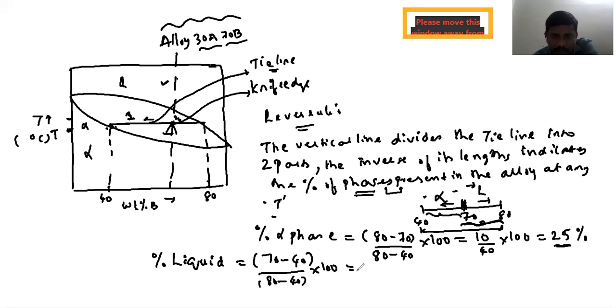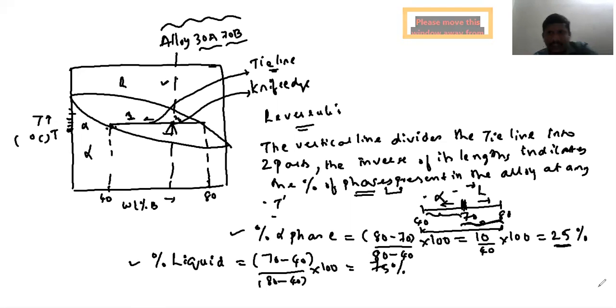It comes around 75 percent. So with the help of the lever rule, in this way, we find the percentage of phases at different temperatures. This is the use of the lever rule with respect to an isomorphous system, which is useful in finding the percentage of different phases formed at various temperatures and at various compositions of alloy.